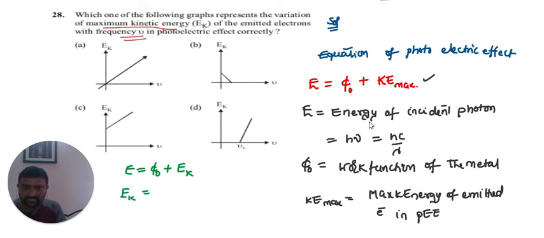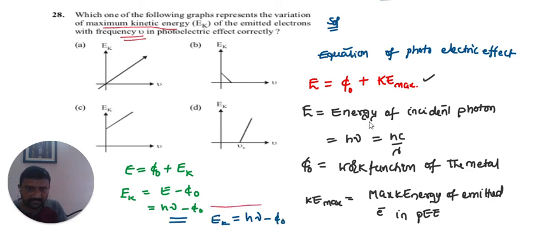Now KE max equals E minus phi naught, and E is nothing but h nu minus phi naught. So the maximum kinetic energy equals h nu minus phi naught. This is the relation between the maximum kinetic energy and the frequency.